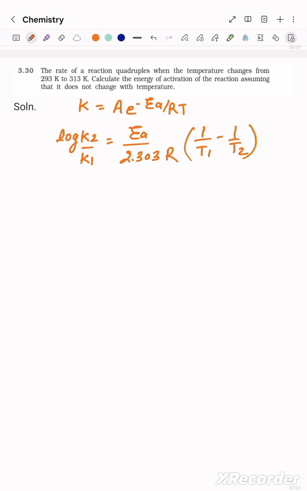Here both temperatures are given and the gas constant is given, and the rate of reaction is given as quadruples, meaning 4 times. Suppose the initial rate is R1 and it moves to the final rate R2. So in that case it changes 4 times.